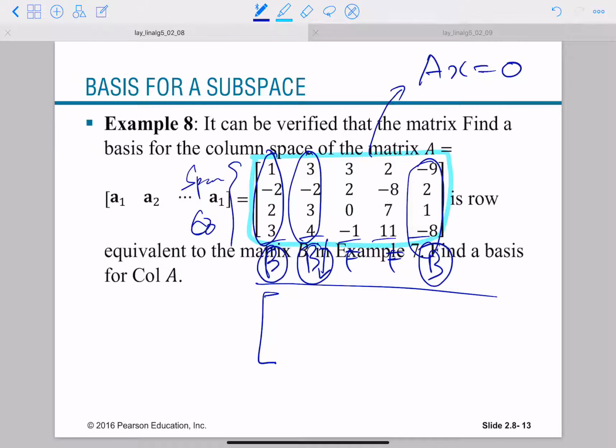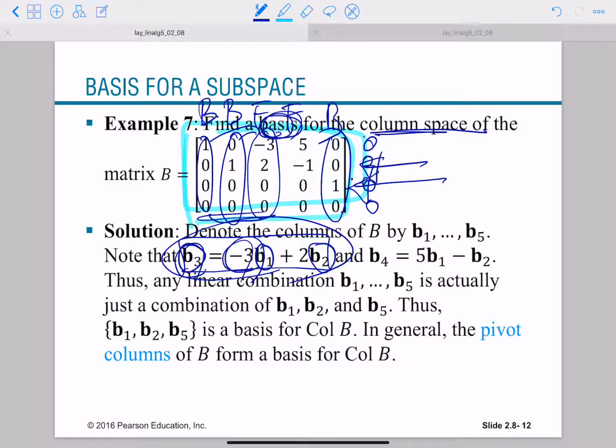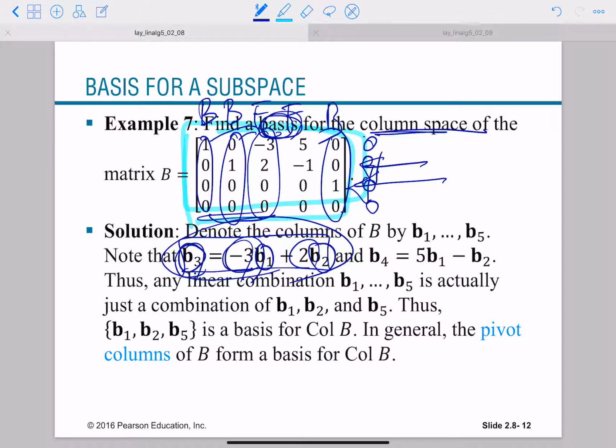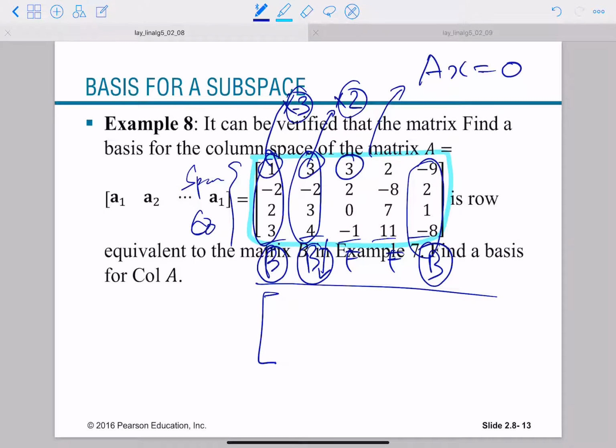So with -3 and 2, we can easily verify that by multiplying: 1 times -3 plus 3 times 2 is 3, right? So magically, the solution obtained from the reduced echelon form will be the solution for Ax = 0, right?